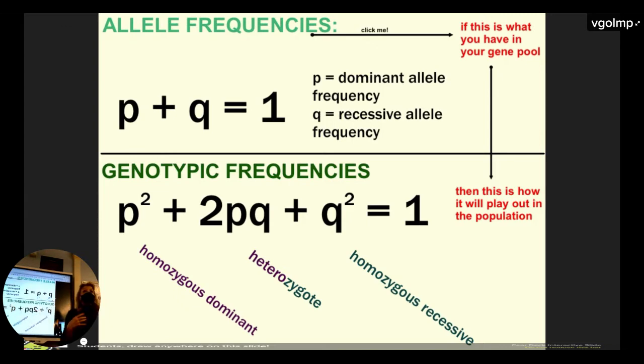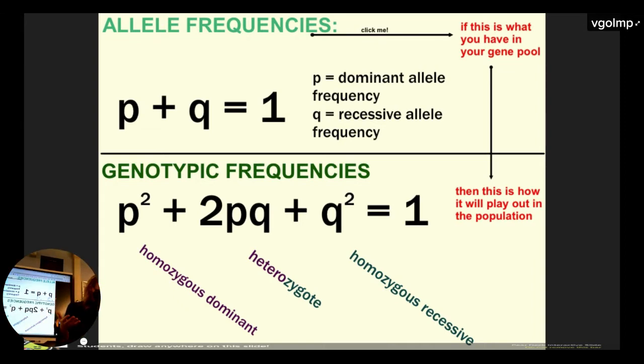So that's why in any problem, whether I give it to you or the College Board gives it to you, when they tell you how many in the population have the dominant trait, you want to immediately calculate how many have the recessive trait if you're trying to work your way back to the pool. Because once you have that, all you have to do is take the square root, right? So if they give you a percentage, you would just take the square root of the percentage.